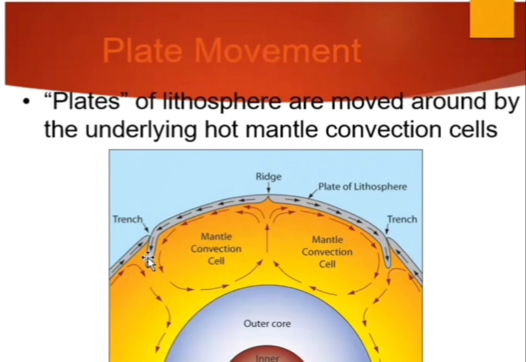When it reaches the surface, it's lava. So the core melts the rocks within the mantle, which causes a molten or liquid form. Now, when the heat from the core and the mantle reaches the surface, right? As you can see with the arrows, it goes up and then turns in a circular motion.